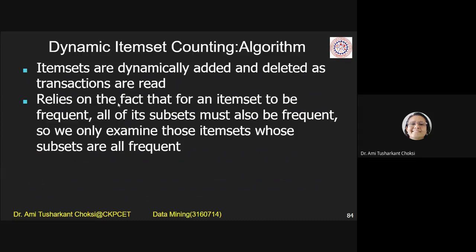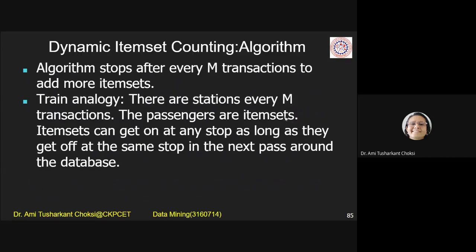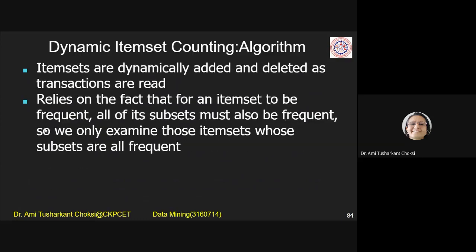It relies on the fact that for an item set to be frequent, all of its subsets must be frequent. So, we only examine those item sets whose subsets are all frequent. Fine.